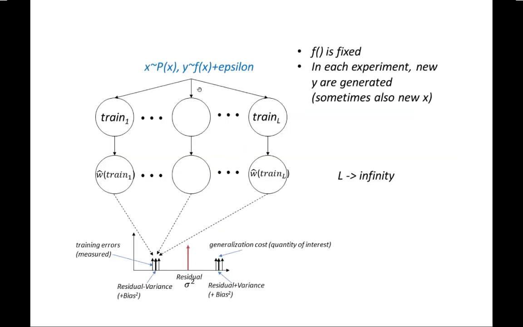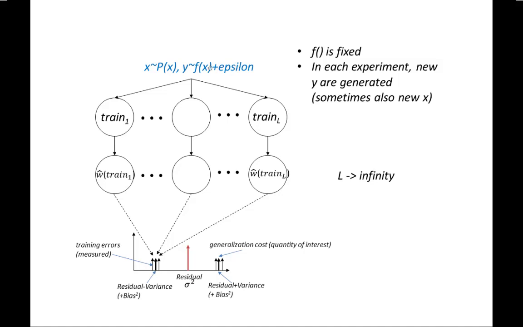So we can look at a frequentist view on this. We have input data which is generated from some distribution x, and here we are assuming a function plus noise, so typically we assume Gaussian noise.